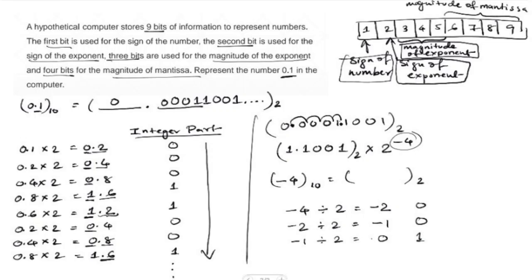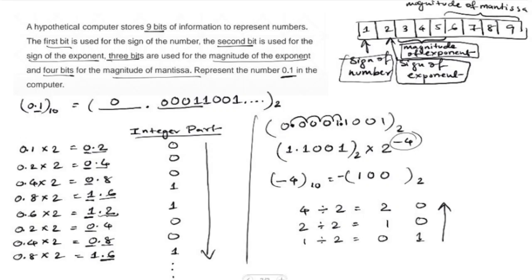So we stop here and we take these numbers bottom up. We can just keep the negative sign here. You could also not use the minus here. Actually, you could just take the 4 and work it out, and keep the minus sign outside, and we have 100 in binary to represent 4, right?